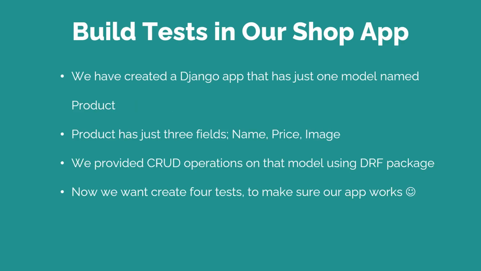Before, we created a simple shop app that has just one model named product, and this product model has three fields: name, price, and image. And then we provided CRUD operations on that model.